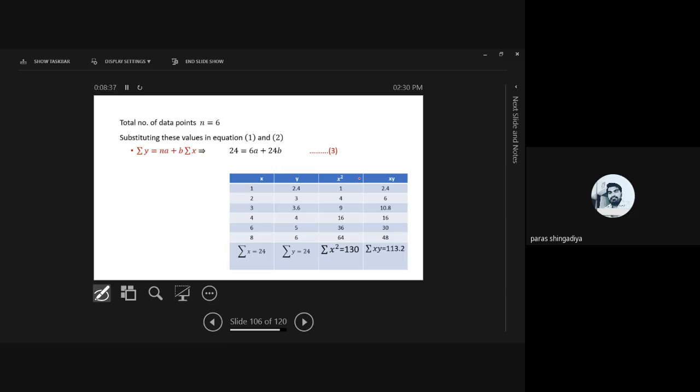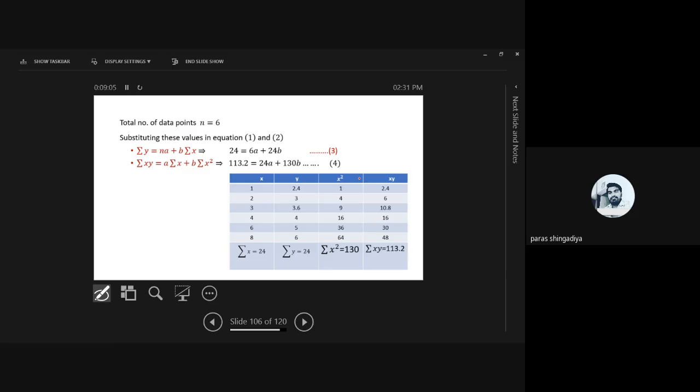And then the second one, sigma xy is equal to a sigma x plus b sigma x squared. So sigma xy, that is 113.2, is equal to 24a, that is the sigma x value, plus b sigma x squared, that is 130 into b. Okay, all the values are in the table, you only have to replace them in the formula. No other value will fit there.